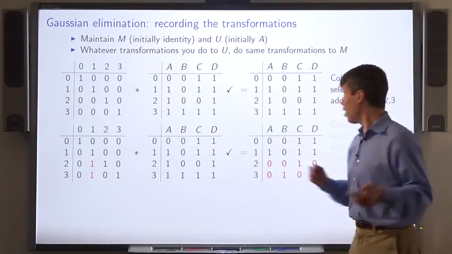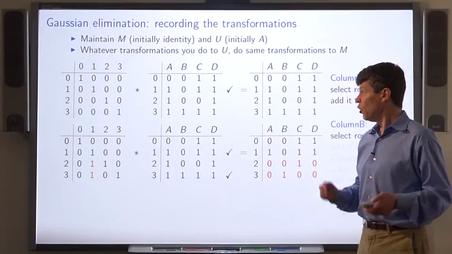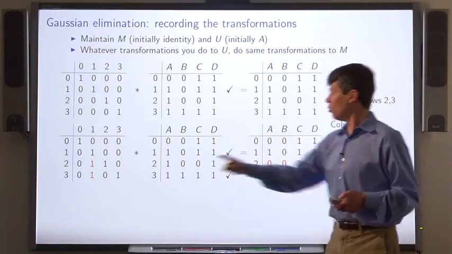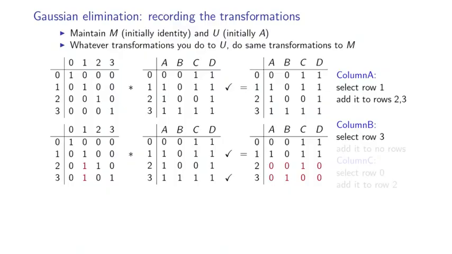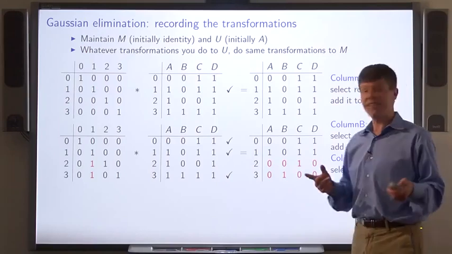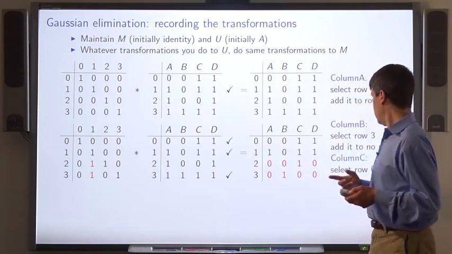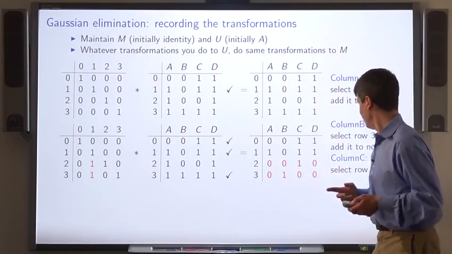Next, we move on to column B. For this, we select as our pivot row, row 3. We add it to no rows because all the other entries in row B are already 0. Next, we go to column C, and we select as our pivot row, row 0.